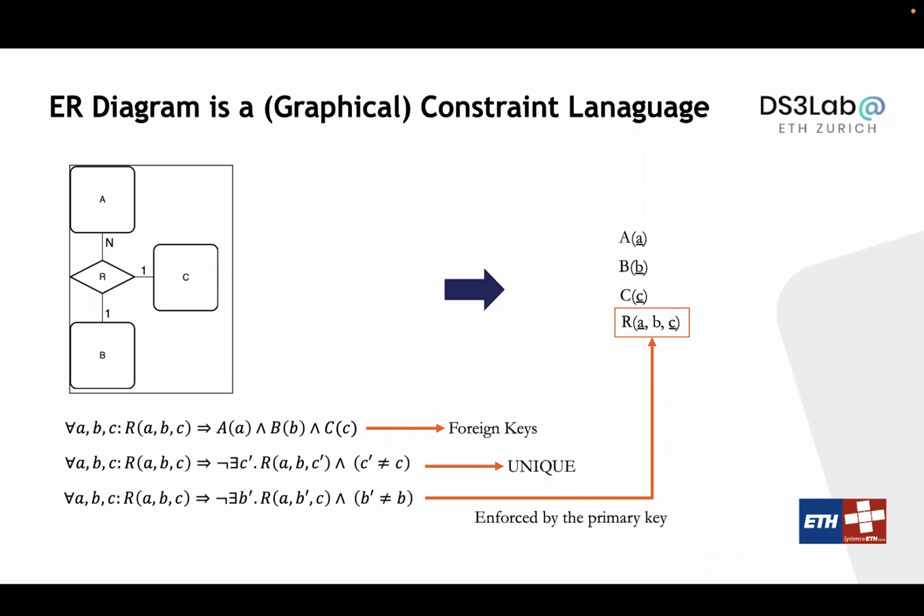Another thing we talked about is that once you have this basic design, you also have the flexibility of merging some of these relations together. For example, here you have relation A, with key attribute A, and you could potentially merge it with the relation R, because they contain the same attributes.